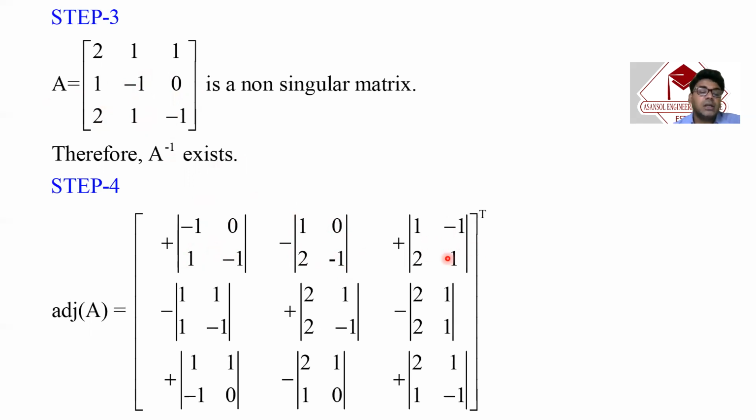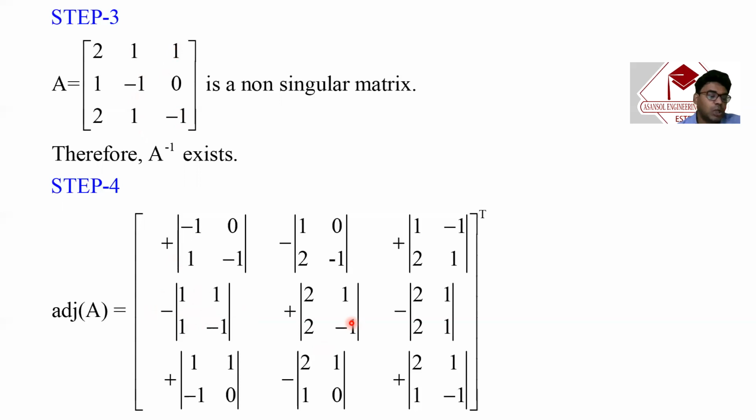Okay. Similarly, you can calculate A21, this is capital cofactor A21. How to calculate? Very simple. This and that and this and that. Clear? So already you have a formula. Just substitute and find the result.